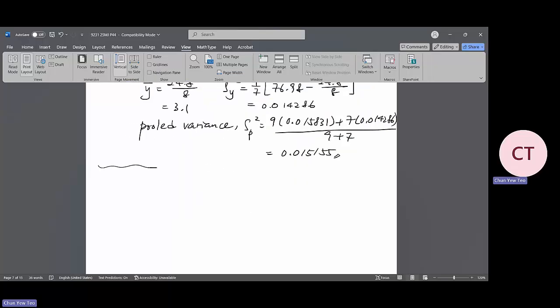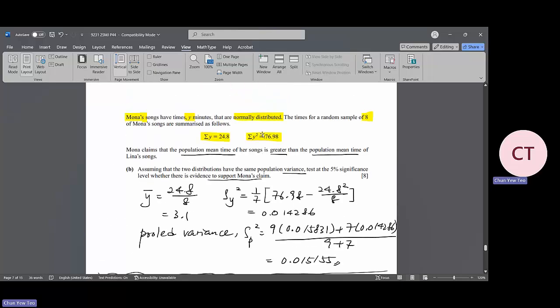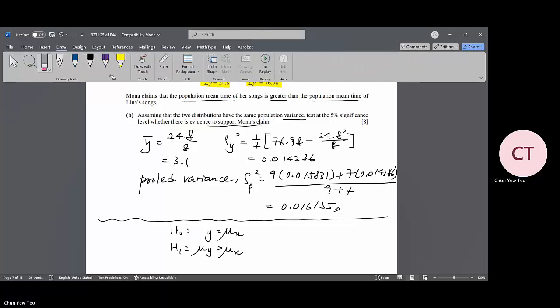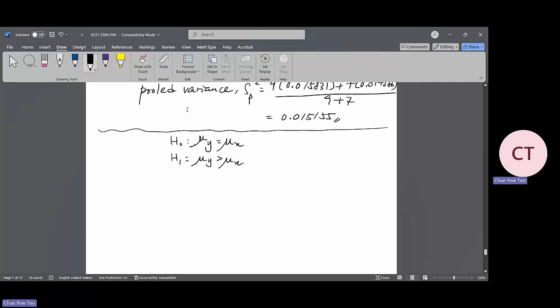With this information ready, we are ready to do the hypothesis test. Because Mona claims that the mean time of her song is greater than Lina's, the alternative hypothesis is mu y greater than mu x, and the null hypothesis is mu y equal to mu x.